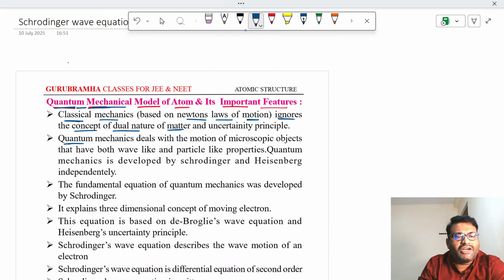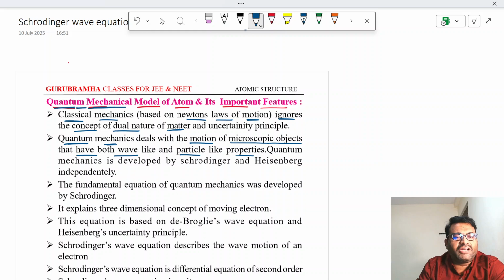Whereas in quantum mechanics, the motion of microscopic objects that have both wave-like and particle-like properties is discussed.